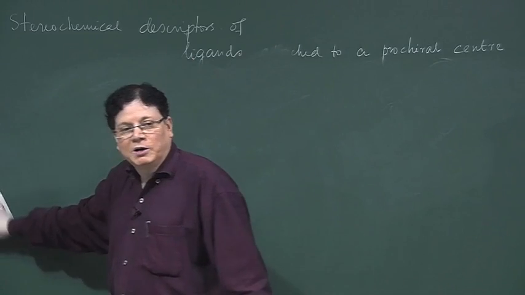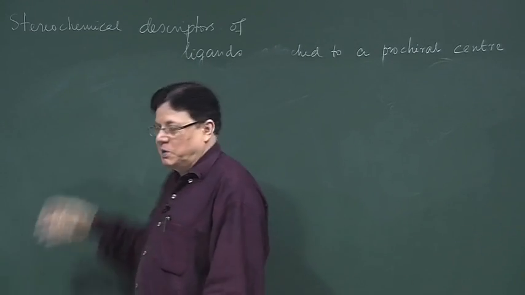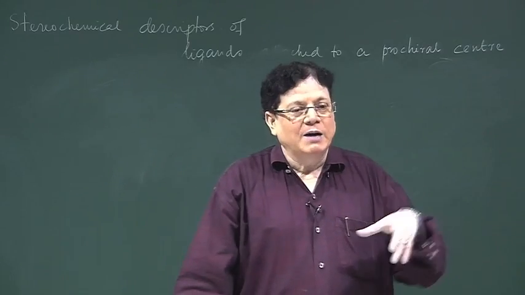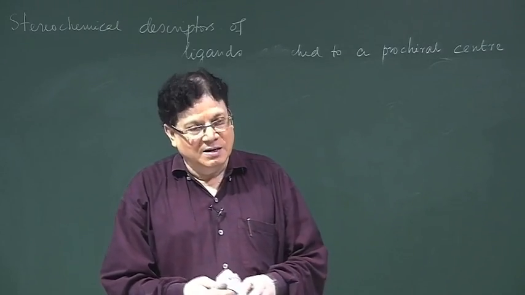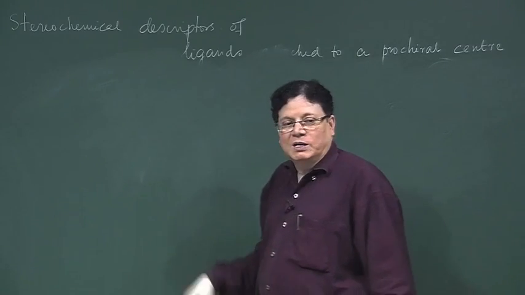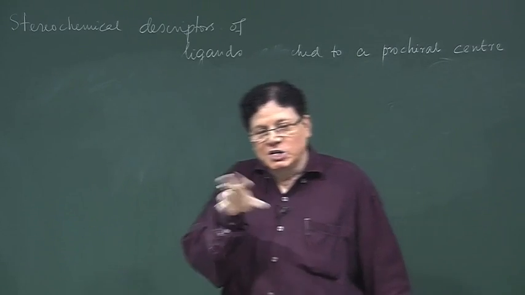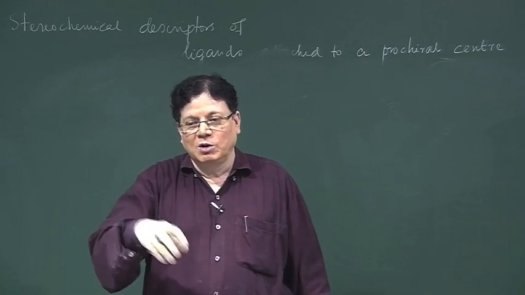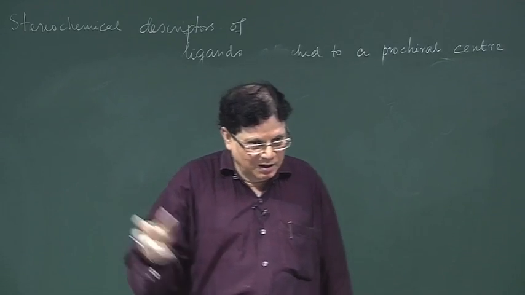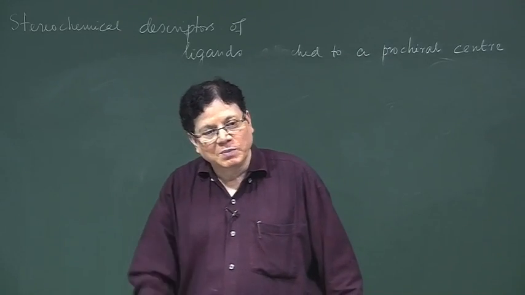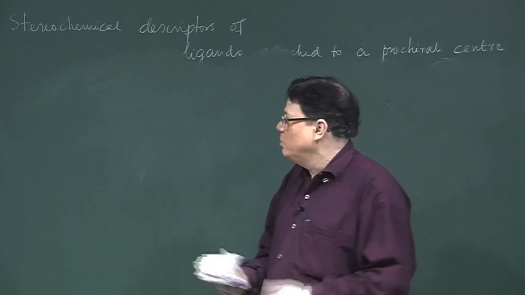This is important because there are many reactions, especially the reactions happening in the body, where the enzymes, which are the natural catalysts, can distinguish between these hydrogens, and they will pick up either the pro-R hydrogen or the pro-S hydrogen while doing the reaction. Suppose it is an oxidation, then they can discriminate between these two hydrogens.